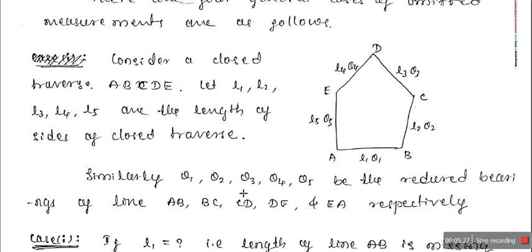All the theta 1 to theta 5 are the bearings of those lines, and the lengths of AB, BC, CD are represented as L1, L2, L3 and so on.